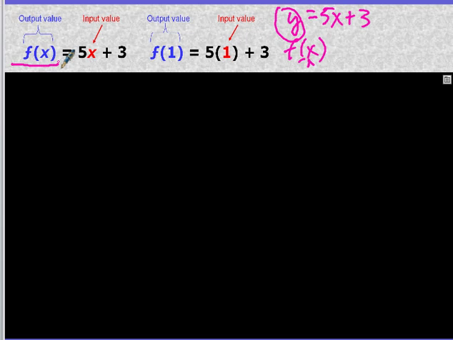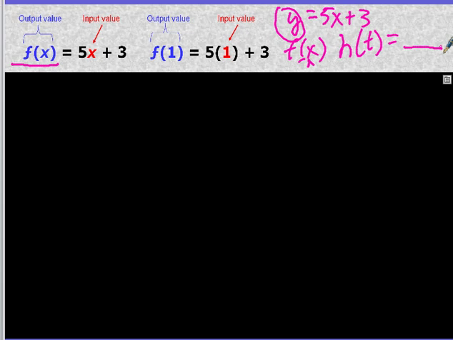This is really nice because when you get into applications of math like physics, you can start changing these letters. So if we know that the height of an object is based on time, we want to figure out the height of an object versus time, we can name the function h of t, and then we have some equation here, and we will look at this type of equation a little bit later in the year.